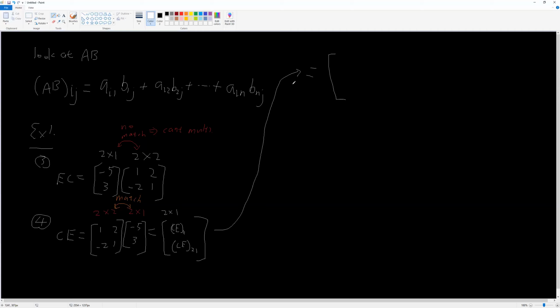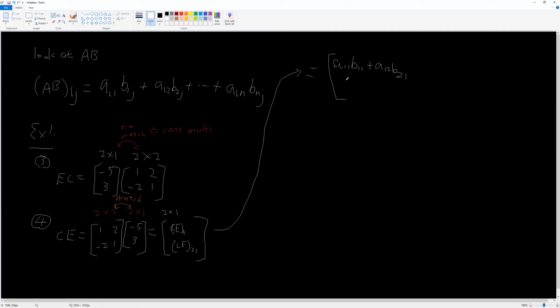So first, I have A11 times B11, plus A12 times B21, not B12, B21. A11, B11 right here, A12, B21 right here. And then we just figure out what these numbers are and plug them in.